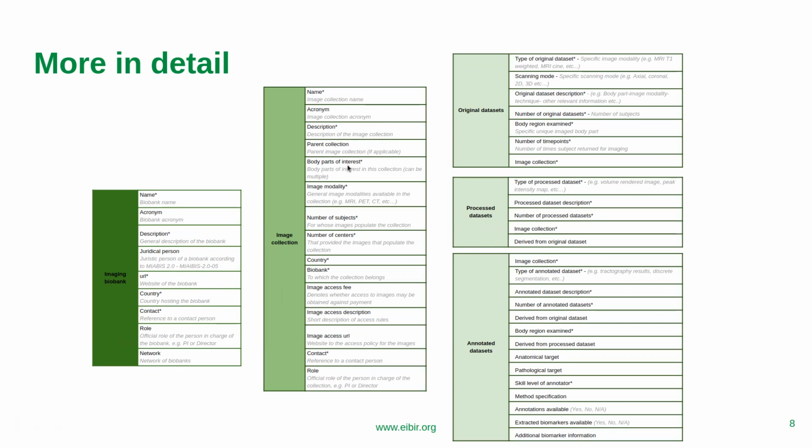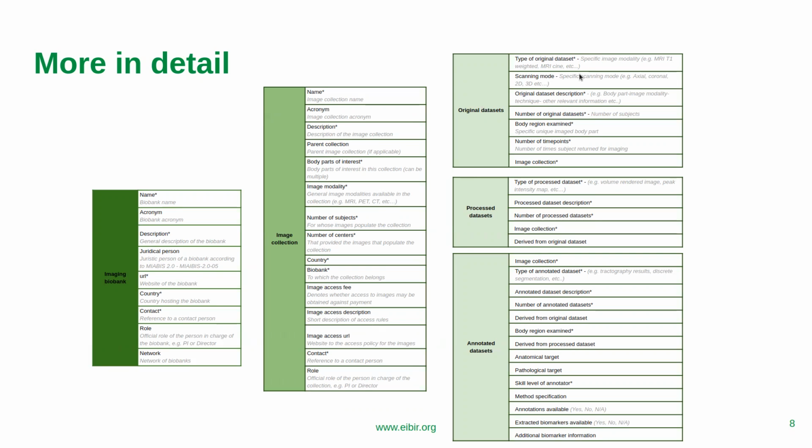You can have the body parts of interest that can be in this collection, and they can be multiple. Also the image modalities, for example, number of subjects, number of centers, and also all the information about the image access policy, if there is a fee, the description, how to access it, and the URL and contact information for the imaging data.